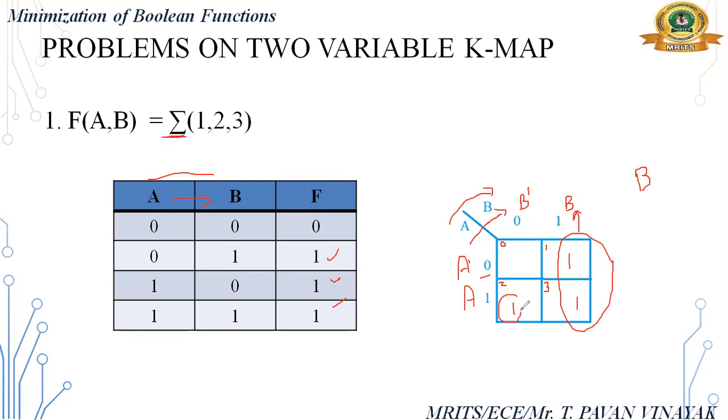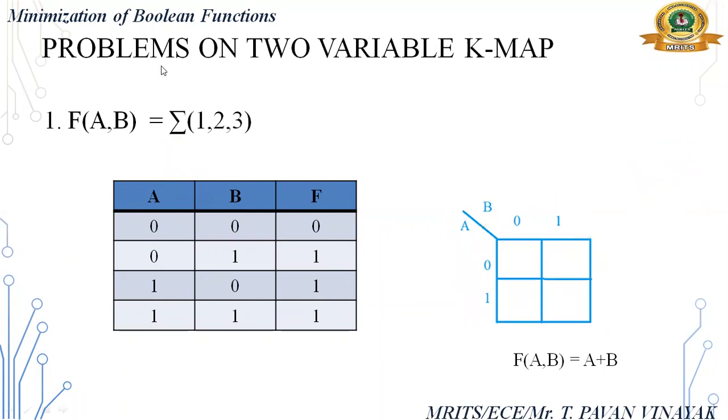You have to take single one or pair. Consider pair. This is one pair. Now common term is what? A. So all ones are covered. So stop the process. So the final answer is A plus B. Okay. This is the final answer. A plus B.